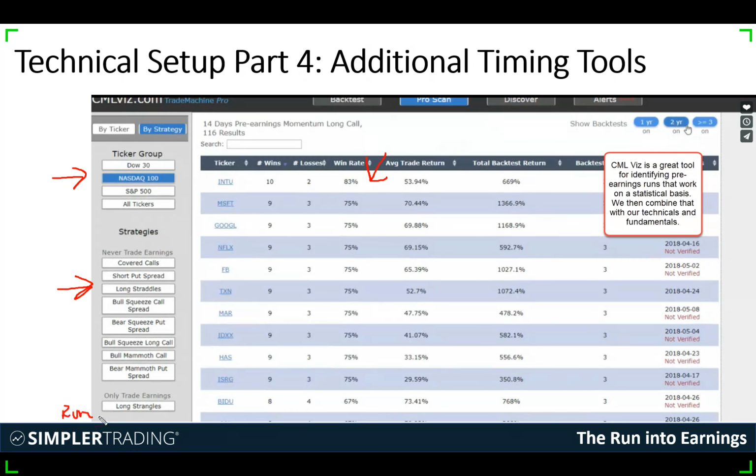And then it will come up with this screen that says, here's some good ones: Intuit, Microsoft, Google, and it tells you what your average rate of return is and how you time it. So that's another factor that we like to use, but we always combine it with our technicals.